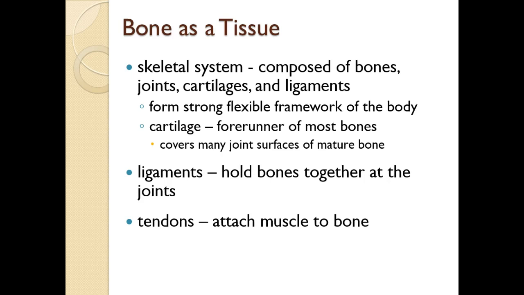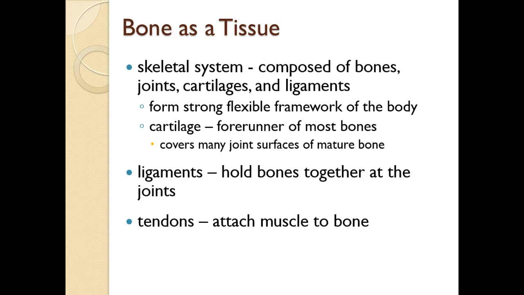And so we talked about in the tissue chapter, one of the main functions of bone, which is what? Support, right? Support and protection. And so they're able to support and protect because of their strong, flexible framework.